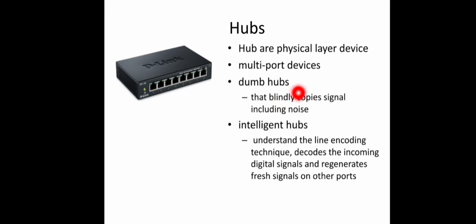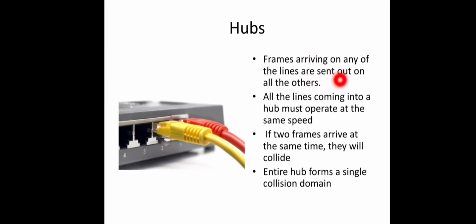In case of a dumb hub, it simply copies. In case of intelligent hubs, it will regenerate the original signal and copy it to all the other lines. So the frames arriving on any of the lines are sent out on all the others, and all the lines coming into the hub must operate at the same speed. That is, all the cables should be of the same speed. That is another condition in hubs. And if two frames arrive at the same time, they will collide. This stands like that, right?